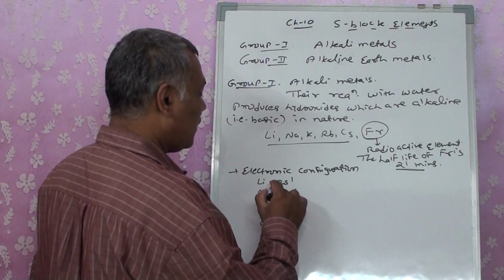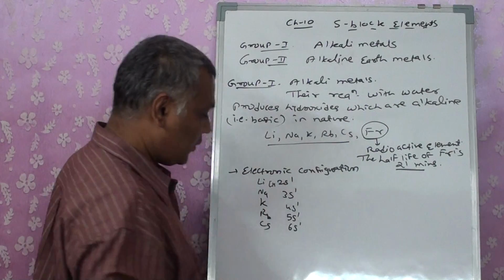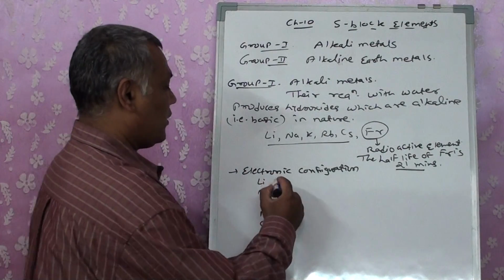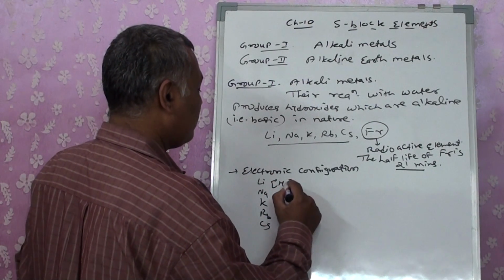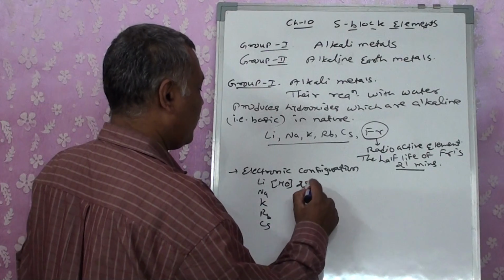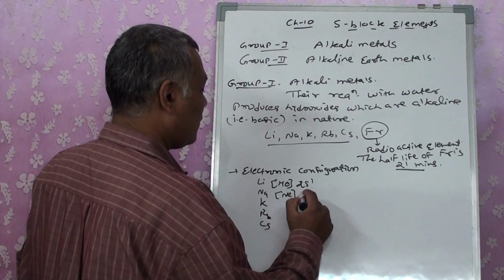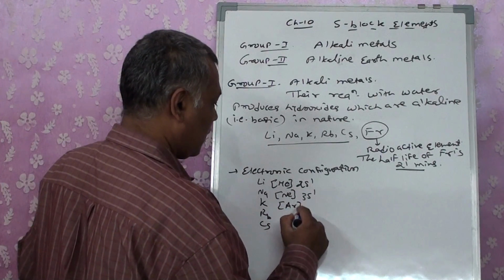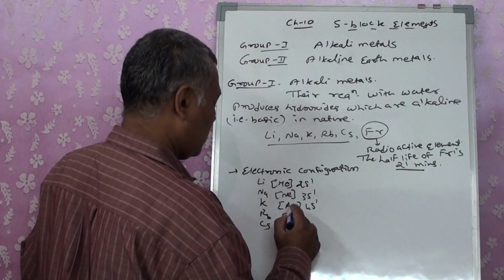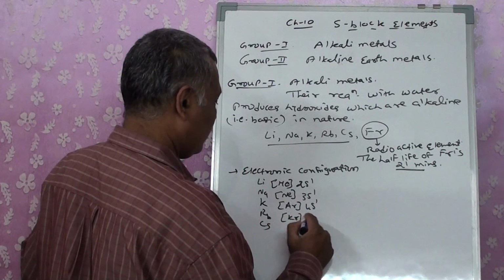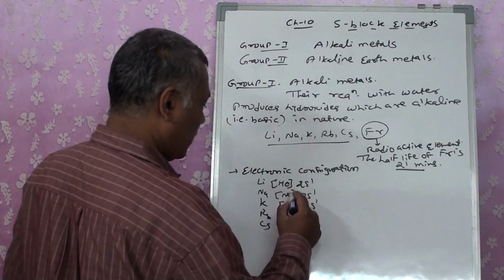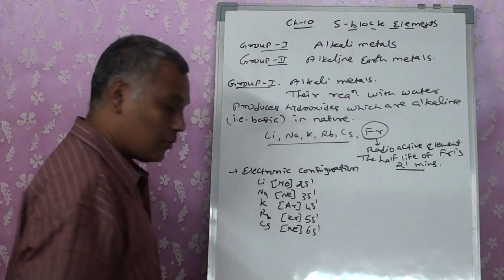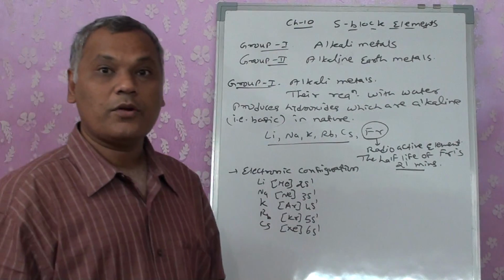If you consider the preceding inert gas configuration, you can write the configuration very easily by indicating helium 2s1, neon 3s1, argon 4s1, and so on with krypton and xenon. So that is what we get as the electronic configuration.